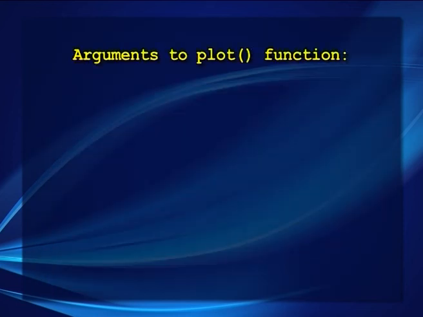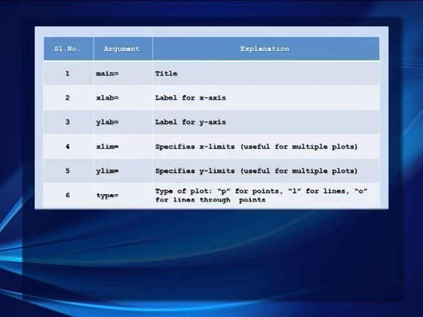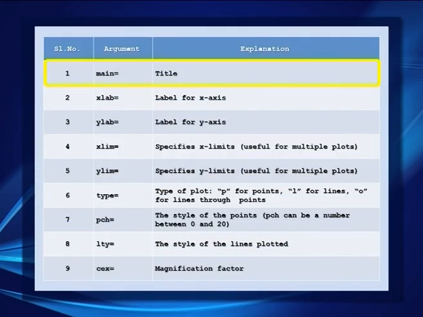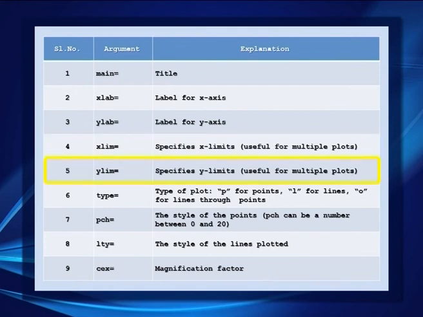Next we will see some arguments that can be added to a plot function. The plot function, hist function and boxplot function take extra arguments that control the graphic. Some arguments are main, that will give the title, xlab, that will give the label for x axis, ylab, that will give the label for y axis, xlim specifies x limits, ylim specifies y limits, type specifies the type of plot.